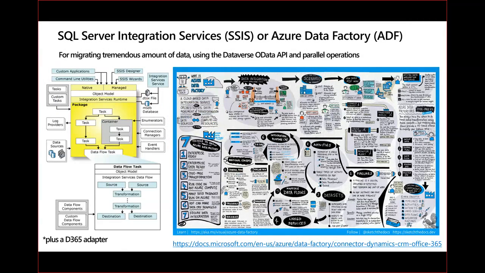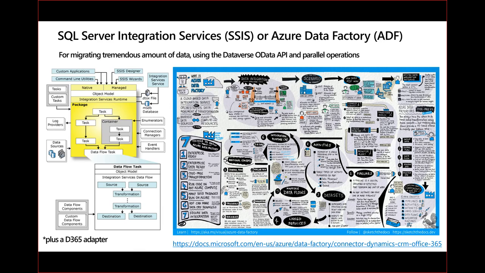But typically, if we're talking about large migration projects, in most cases we will need more efficient tools, and the typical one that we see being used in the field is SQL Server Integration Services.